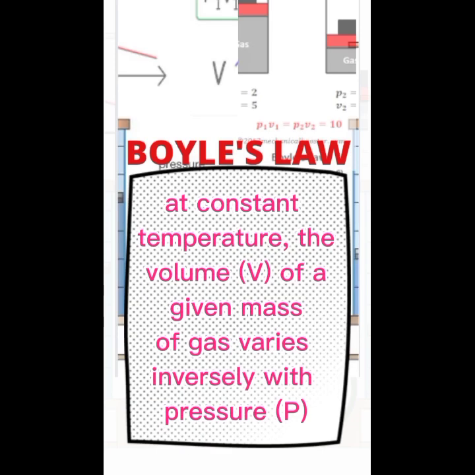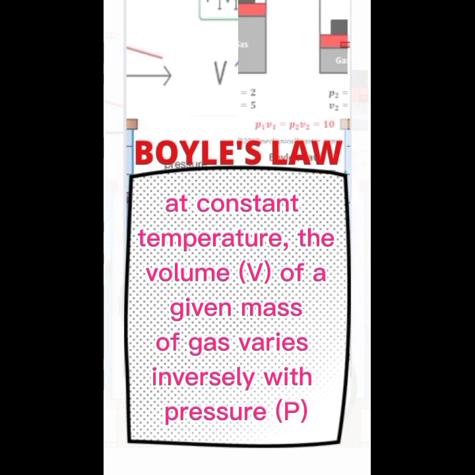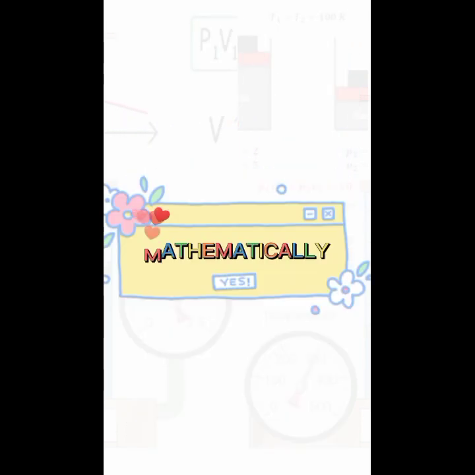Boyle's law states that at constant temperature, the volume of a given mass of gas varies inversely with its pressure. Mathematically, from Boyle's law, we know that volume V is inversely proportional to pressure.